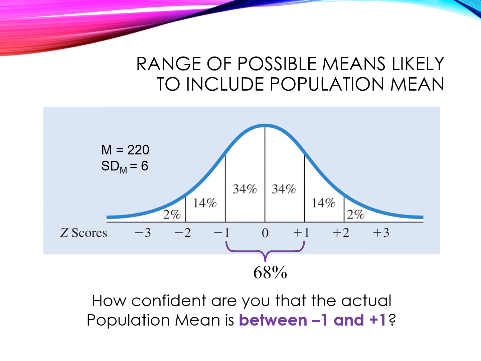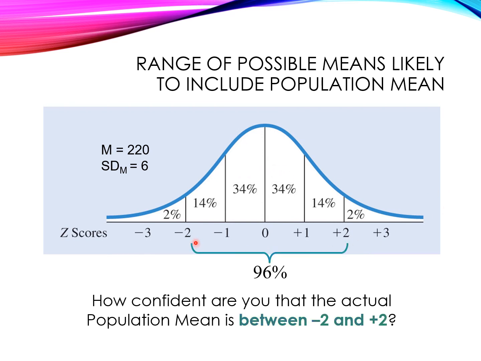And let's say that we want to estimate that the actual population mean is between the z-score of -1 and a z-score of +1. Then we could say that we are 68% confident that the actual population mean fits in between these, okay?